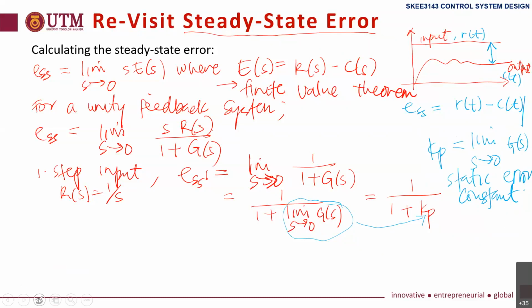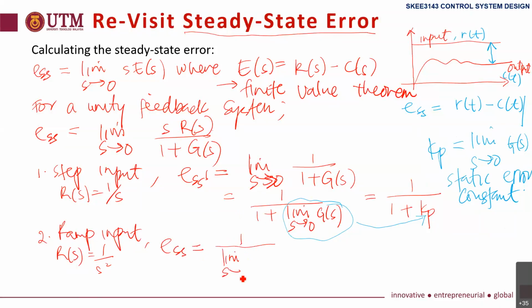If we proceed to the second input, which is ramp input. Ramp input R(s) is 1 over s squared. The error will follow the same procedure. The error will be 1 over limit s to 0 sG(s).